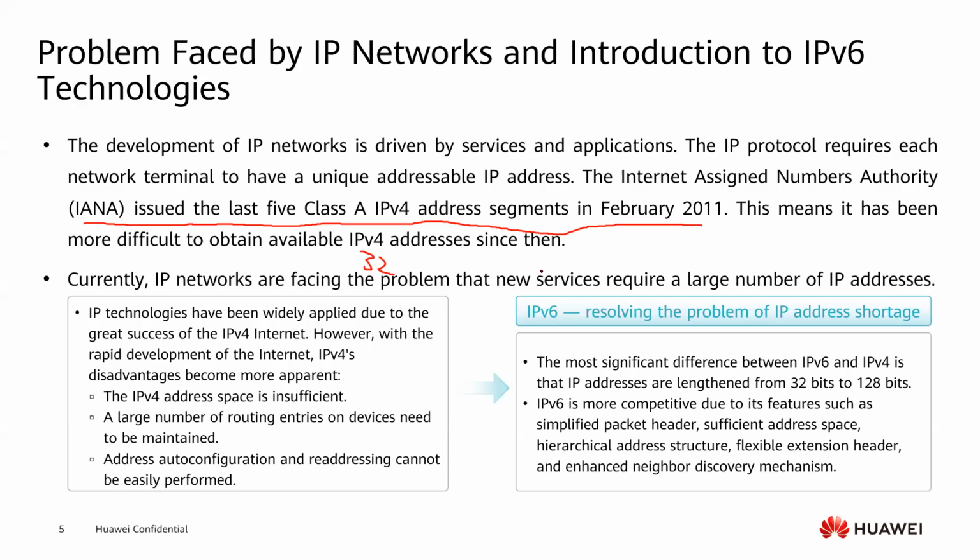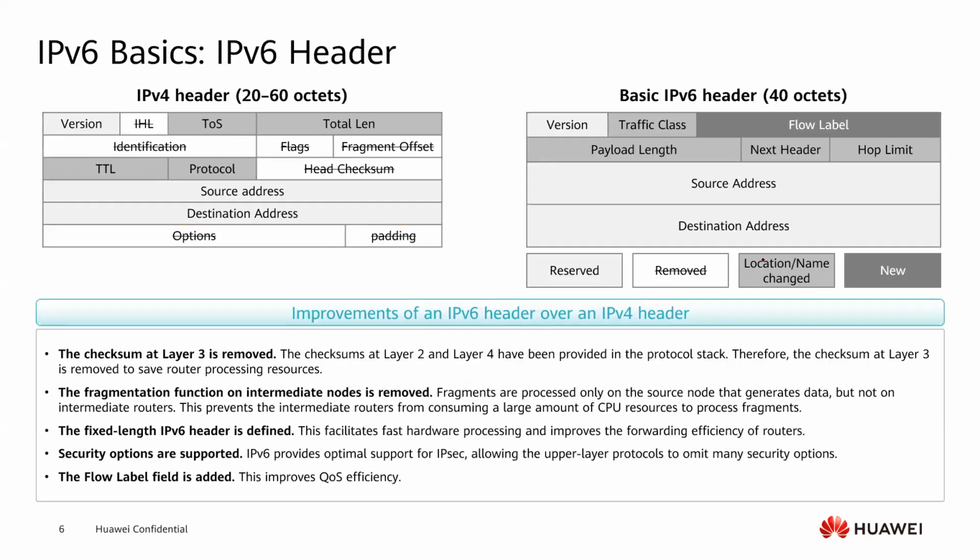So in the future, we need to use IPv6, which has a 128-bit address, to deploy our networks. This is the v6 packet header. Some fields of the header are the same, such as the version, the traffic class used for queues, payload length, source address, and destination address.